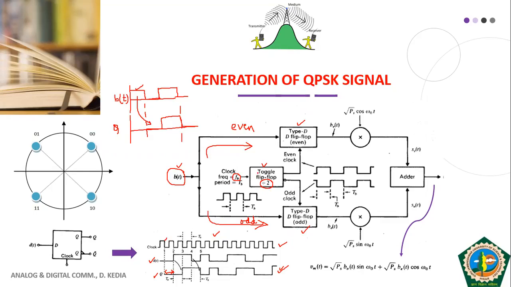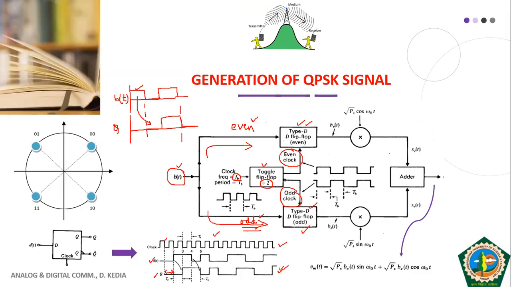Okay, so in order to separate out these even and odd bit streams, we have used D flip-flops. This D flip-flop will be operated by the even clock, which will give us even numbered bits. This lower D flip-flop will be operated by the odd clock, which will give us odd numbered bits.